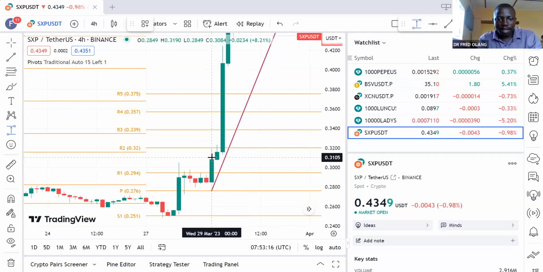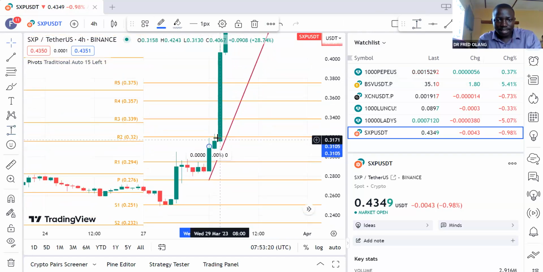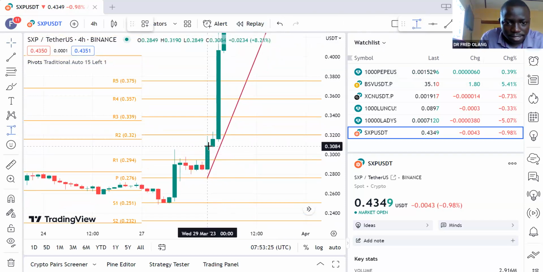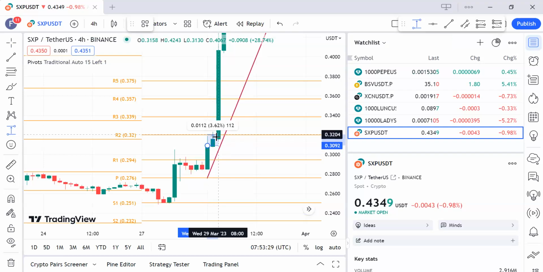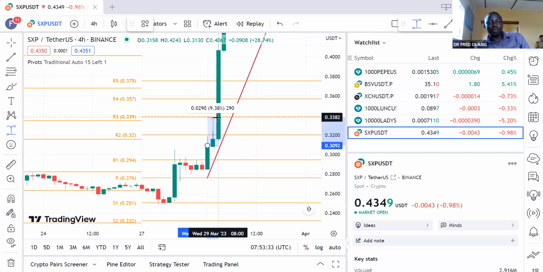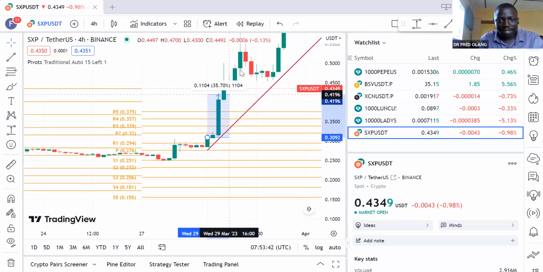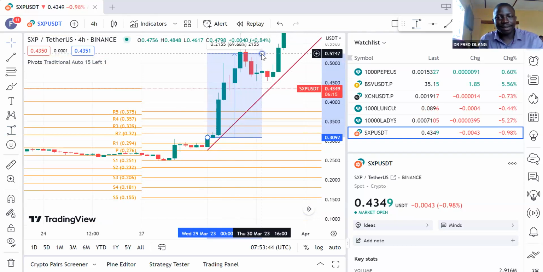You would move in on this very candle after the cross, targeting the next resistance. Next resistance is this, you would make 4%, actually 3%, but it moved beyond that. It moved so big, 30%, until it made the next resistance, moved around 60%.